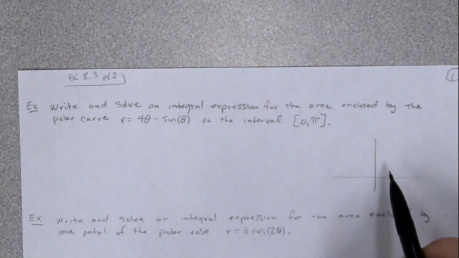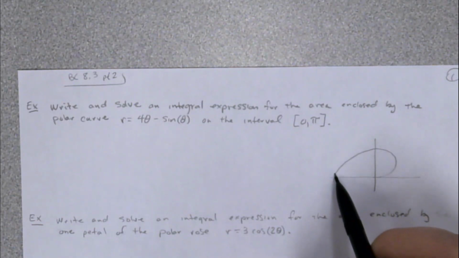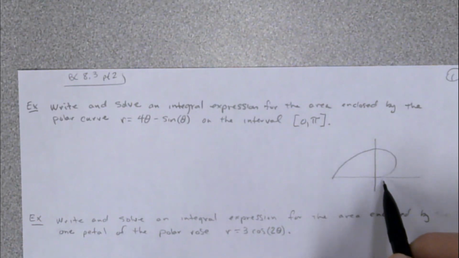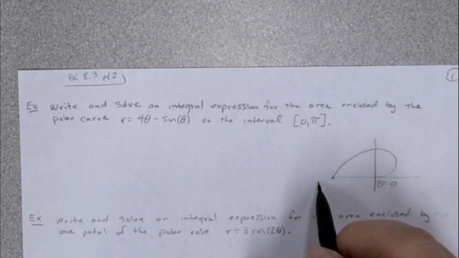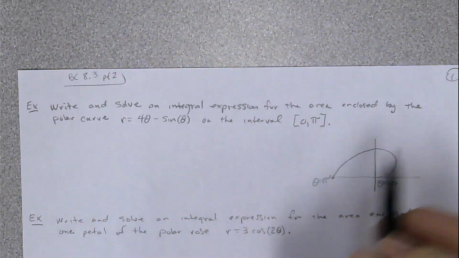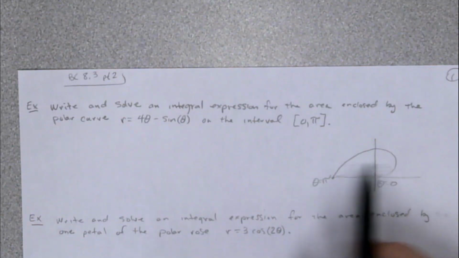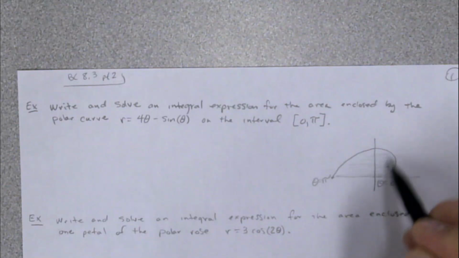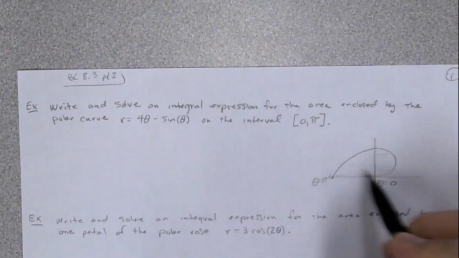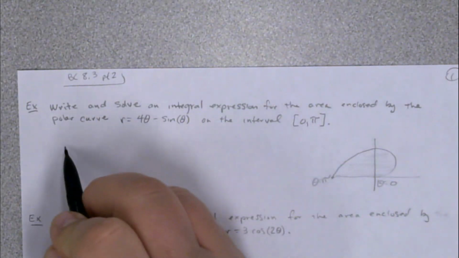So this curve does something that looks like this, comes around and stops right there. The first theta right here is 0, and the end theta right here is pi, from 0 to pi. So this region in here is the area. We're taking little regions, sectors, as we go around here, and adding them all up. So what is my area going to be?